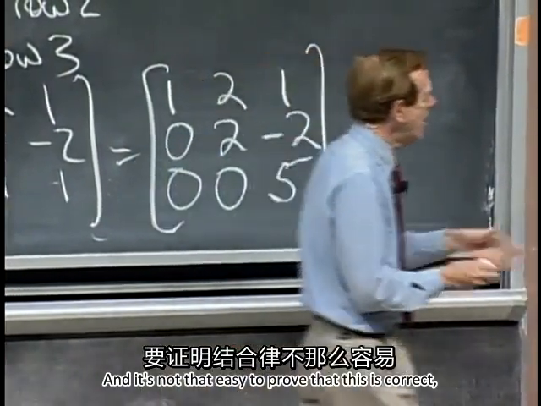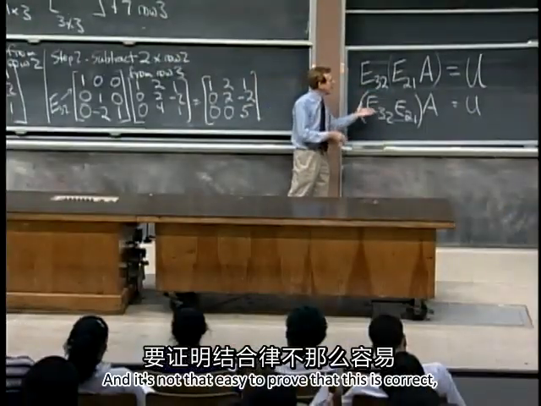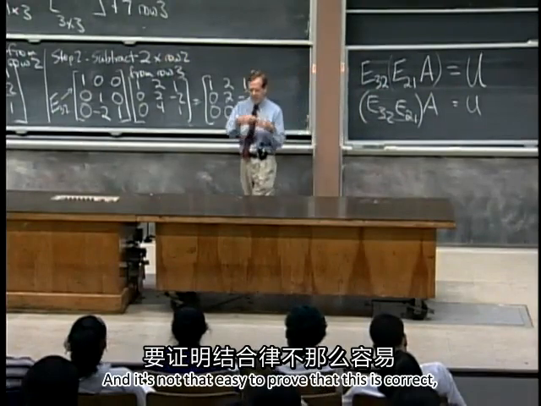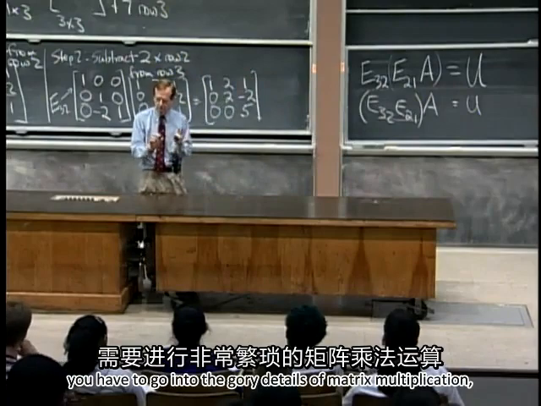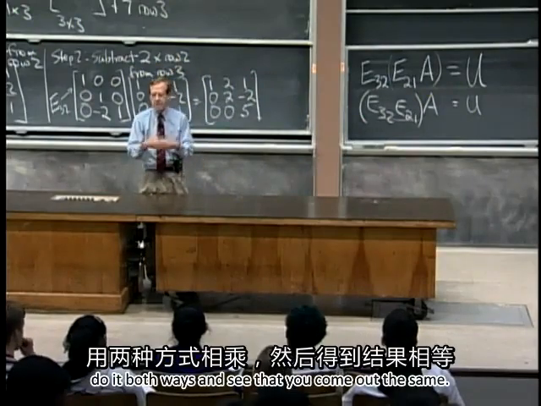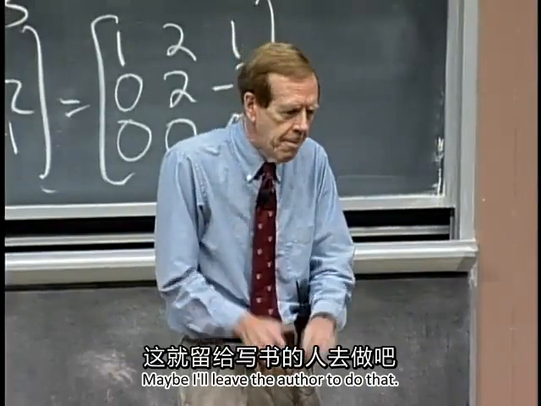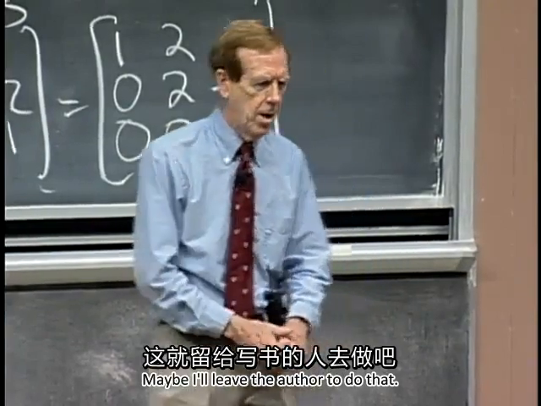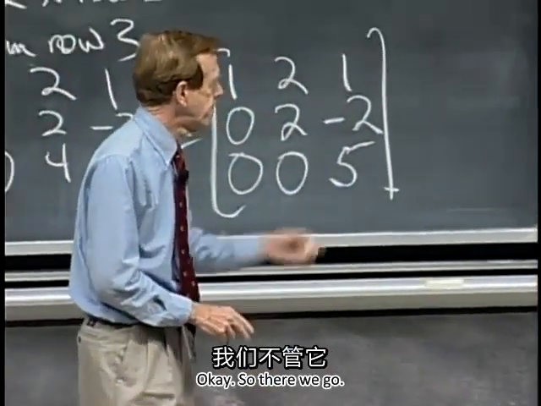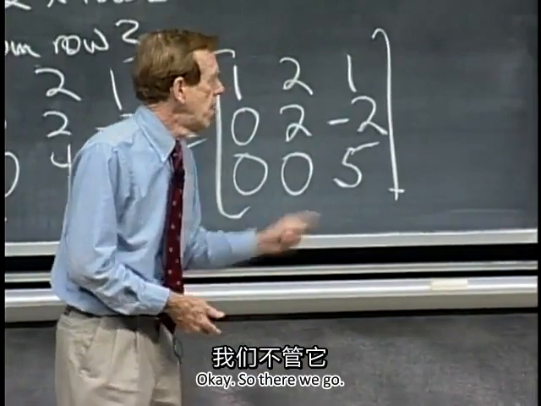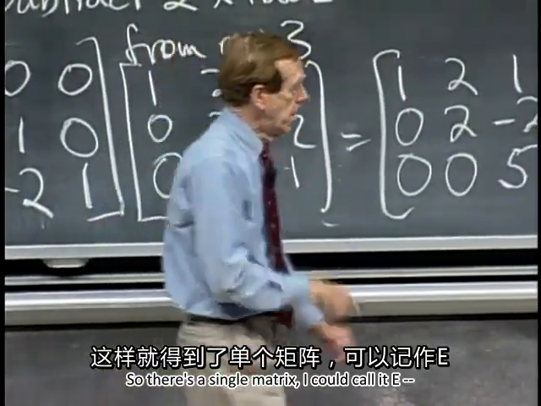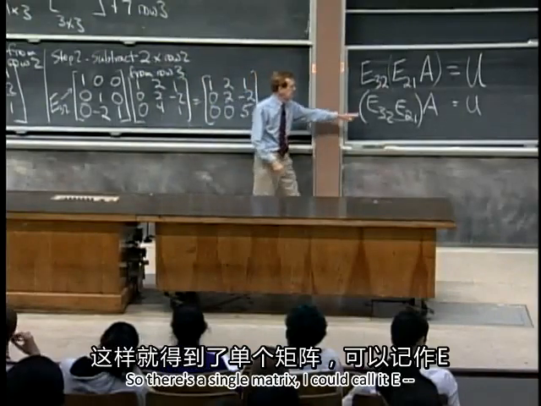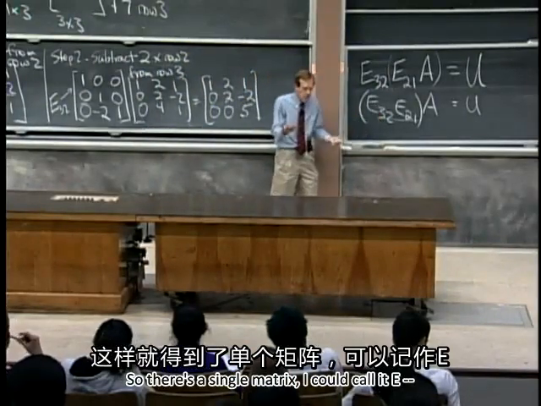And it's not that easy to prove that this is correct, you have to go into the gory details of matrix multiplication, do it both ways, and see that you come out the same. Maybe I'll leave the author to do that. Okay, so there we go. That's how there's a single matrix. I could call it E.